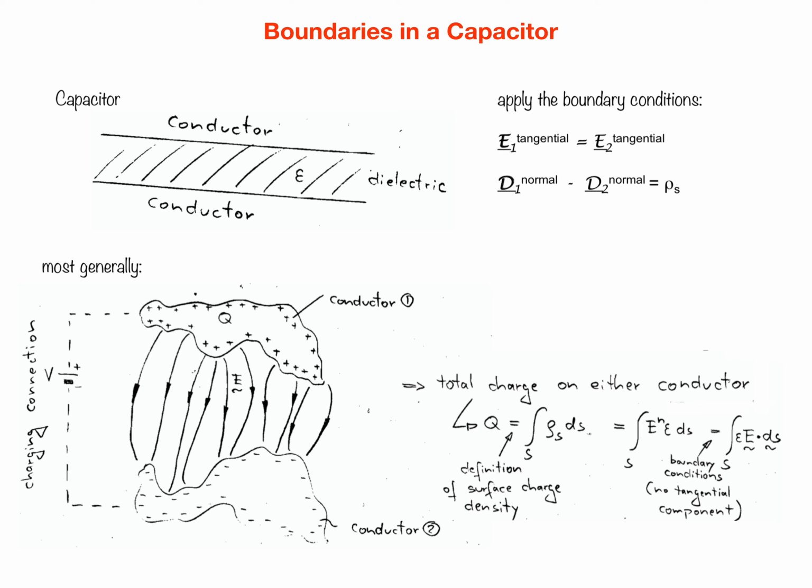Since the first Maxwell equation, Gauss's law, is always valid, we can set this equal to the surface integration of epsilon E field times dS, between E and dS is a scalar dot product. If we now apply the boundary condition between conductor and dielectric, we know that there is no tangential component of the electric field. Therefore, this surface integral becomes E normal epsilon dS.